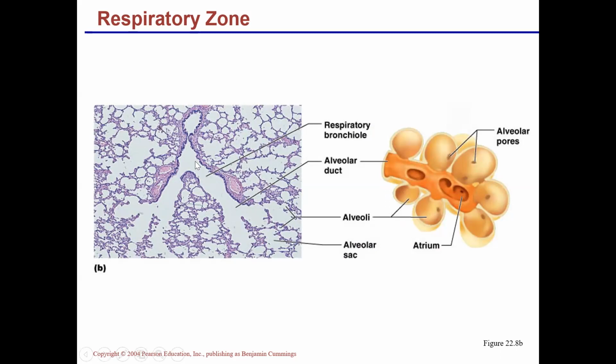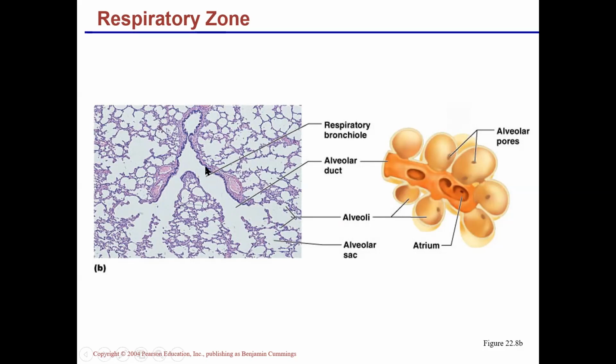But if you compare this part of the duct system to this part, you see this lining seems thinner. This part is darker, but this part is thinner because the lining cells of the duct change.